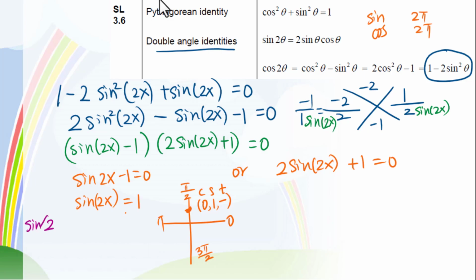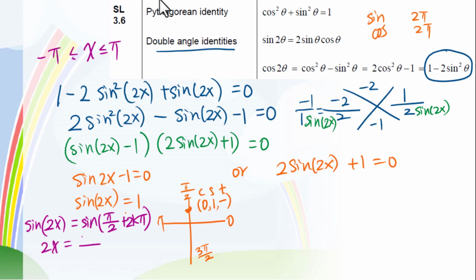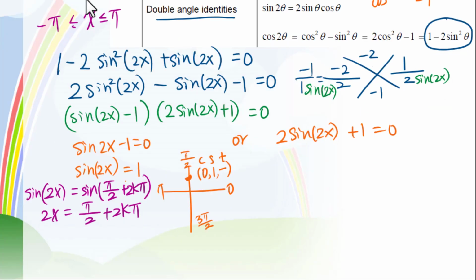Sine 2x equals sine pi over 2 plus 2k pi. The domain for x is between negative pi and pi. 2x equals pi over 2 plus 2k pi.